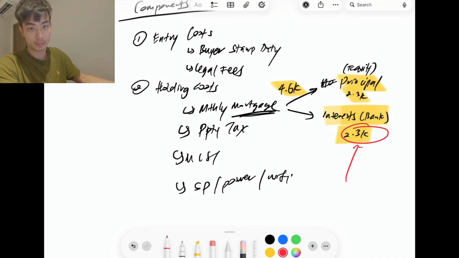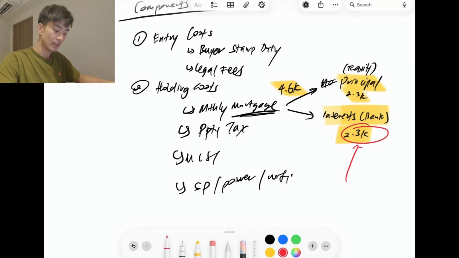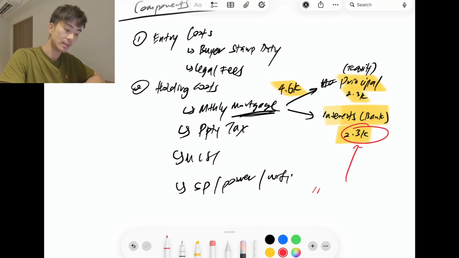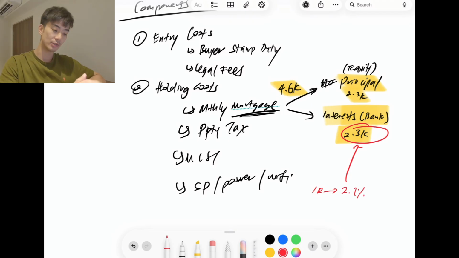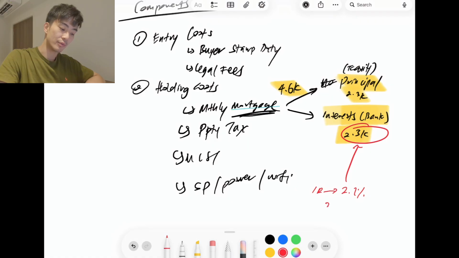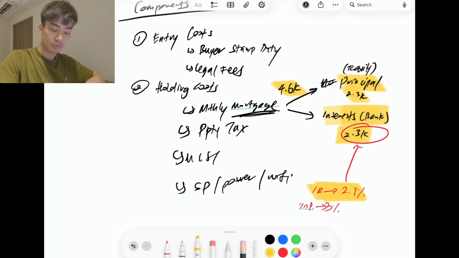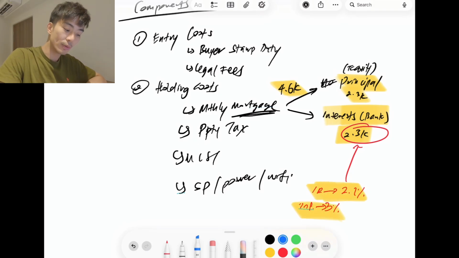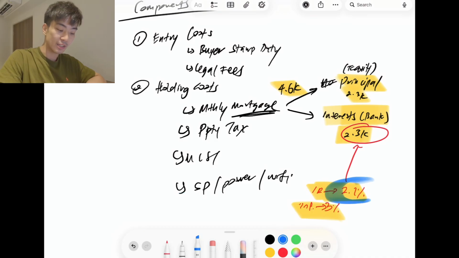Is it still an investment? The logic is simple. Let's say you borrowed at an interest rate of 2.1%, some time back, and inflation, let's say I put it at 3%. This means you are borrowing money that is cheaper than inflation.